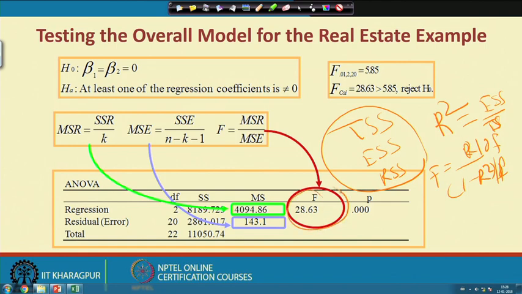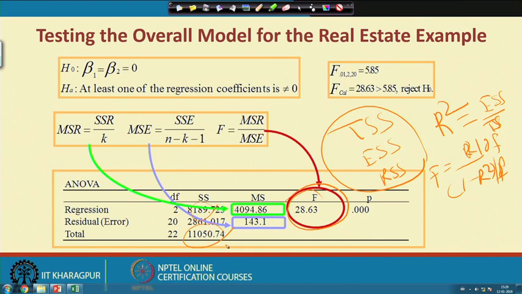So, this is the F calculation, and the R square value is obtained with the help of explained sum of squares by total sum of squares. Like the previous discussion, the higher the R square, the better the model fit, and the lower the R square, the lower the model fit.